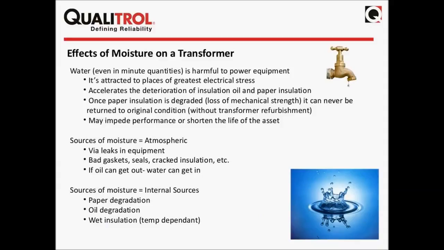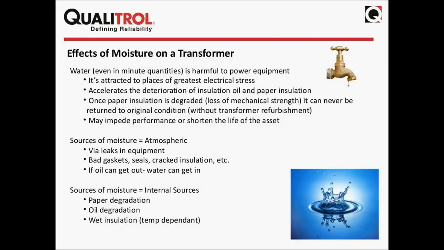So what are some of the effects of moisture on a transformer? Water, even in the smallest quantities, can be harmful to power equipment. Generally, it's attracted to the places of greatest electrical stress inside of a transformer. It accelerates the deterioration of the insulation oil as well as the paper inside of the transformer.